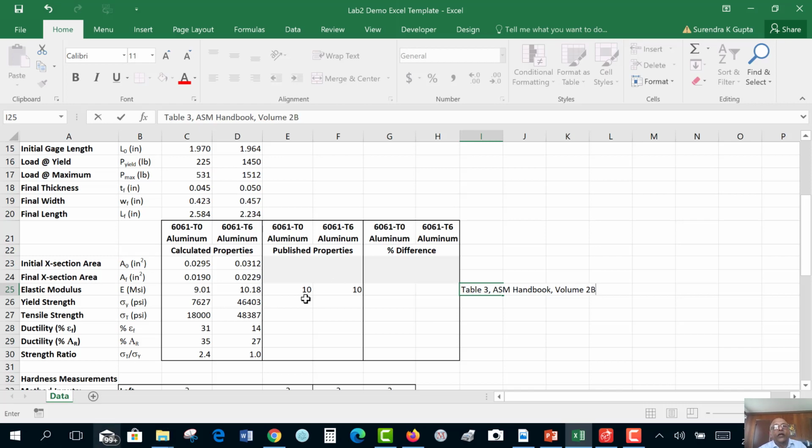So wherever you are looking for properties for your particular material, you have to find the standards, and don't just Google it or something like that. Right now, we did it from ASTM standards.